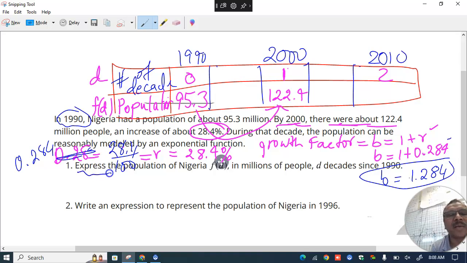The question is to express the population of Nigeria, which is f(d) in millions, d decades since 1990. You have to create a model, and with that we'll finish.